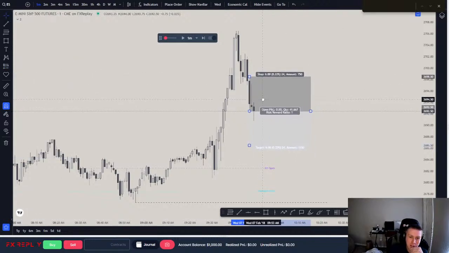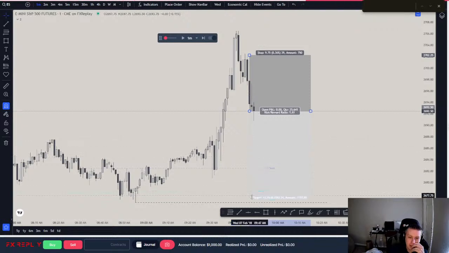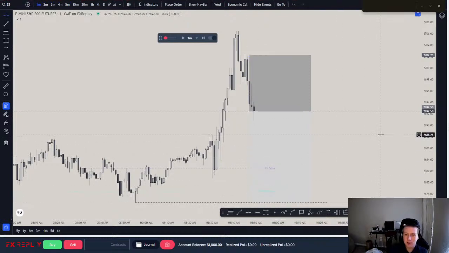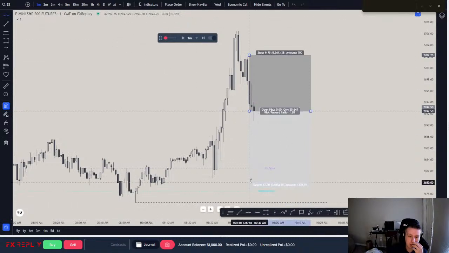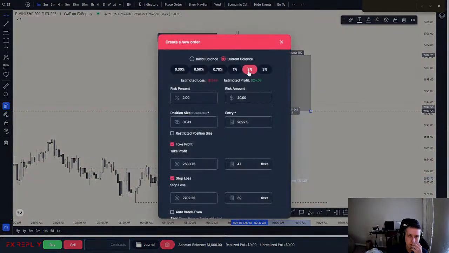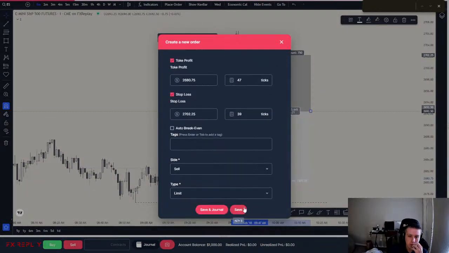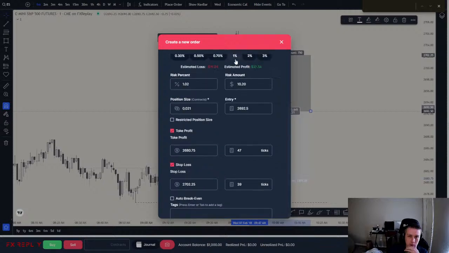The thing about FX replay is when I enter, I usually have to sell on momentum, be like a close proximity. All right, I'm going to roll with this. TP1 here. 2%. Or here, I'll do split orders.